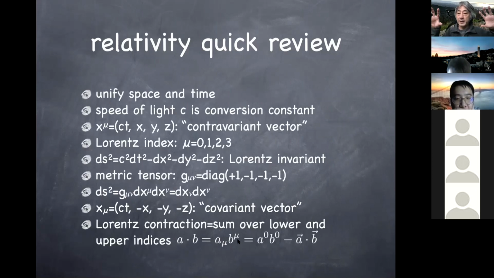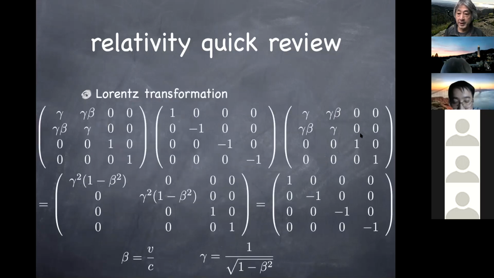Before the transformation, I only had g mu nu in there. After the transformation, I now have the Lorentz transformation matrix times g mu nu times the Lorentz transformation, and they are supposed to be the same. And that's the condition I wrote over here. So the Lorentz transformation of vector A, g mu nu, Lorentz transformation of vector B shouldn't change, and hence has to be the same as the original g mu nu. That's the condition on how you can do a coordinate change from one reference frame to another.